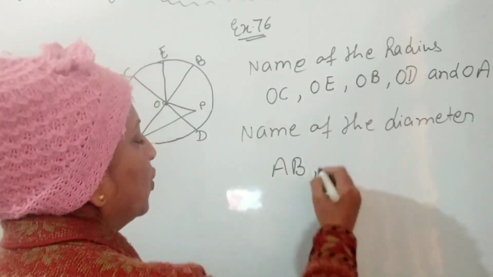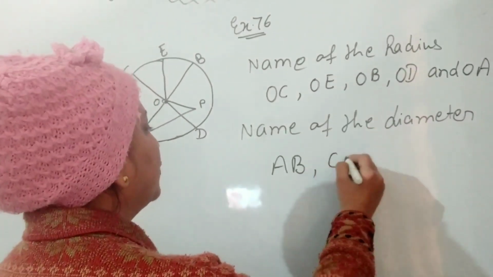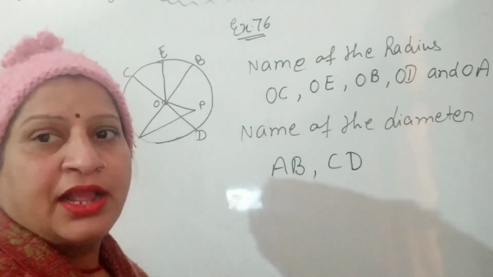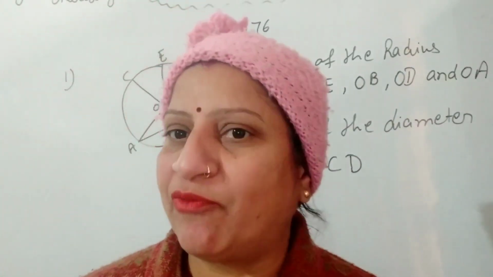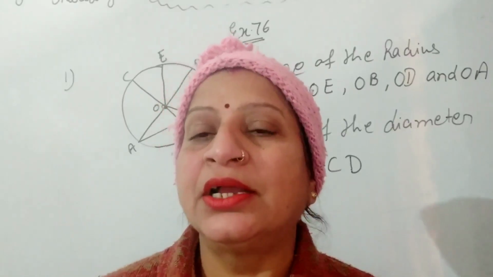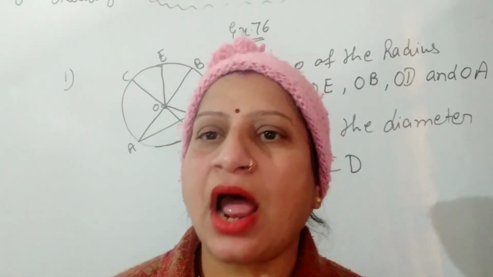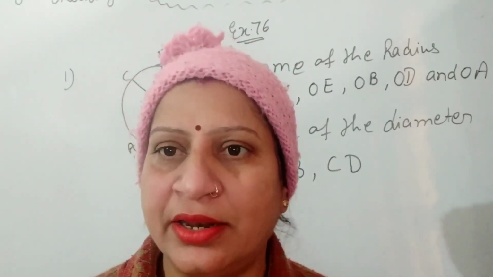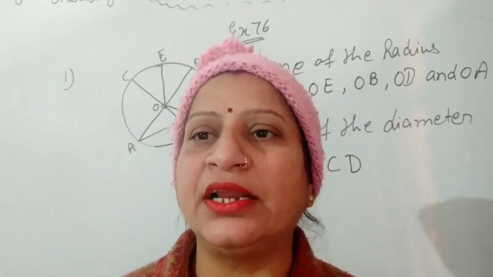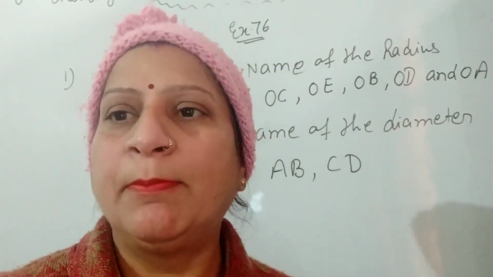So this is also a diameter of the circle. And I also explain one more fact about the diameter. The diameter is the largest chord of the circle, and the diameter divides the circle into two equal parts.